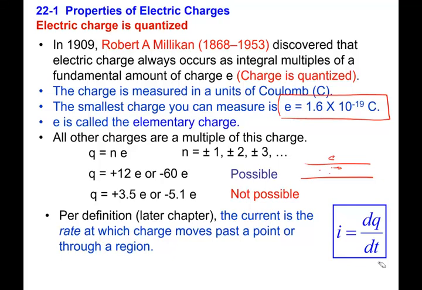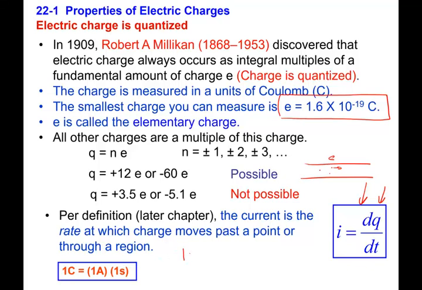Okay, so that's why I decided to introduce to you the current, and this is a very important definition that we will come back to later on. The current is really the derivative of charge with respect to time, or dq dt. So 1 coulomb is equal to 1 amp second.